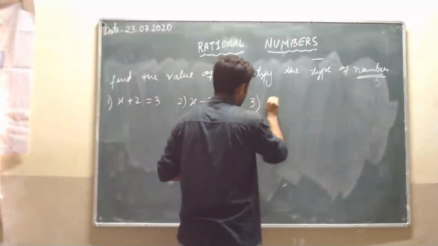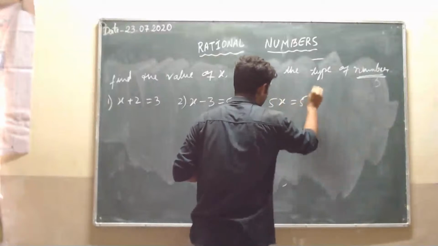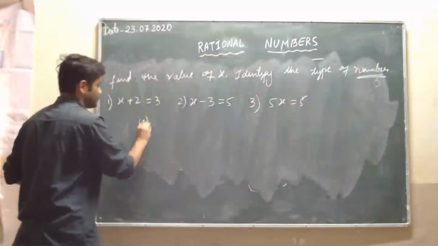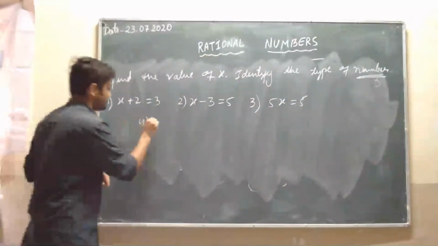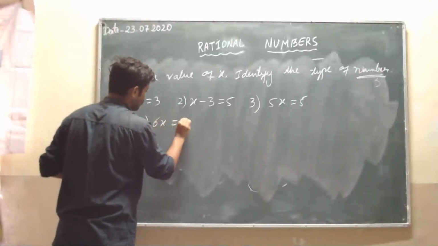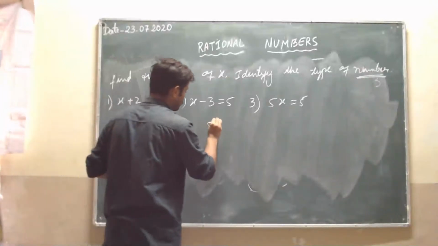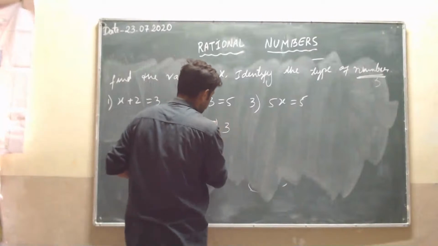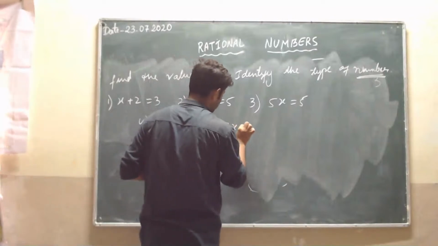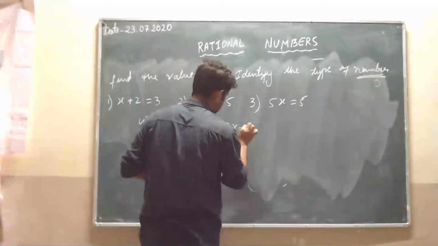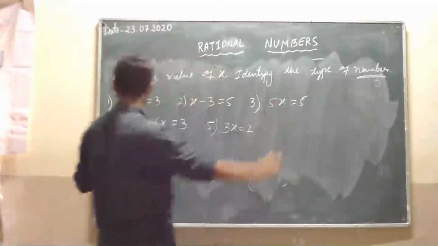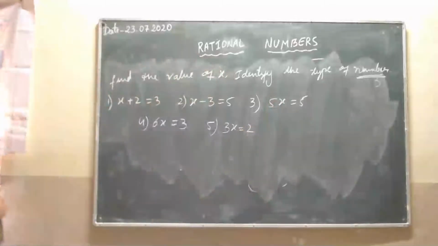Then third one, 5x is equal to 5. Then fourth one, 6x is equal to 3. And then fifth one, 3x is equal to 2. These are the examples.